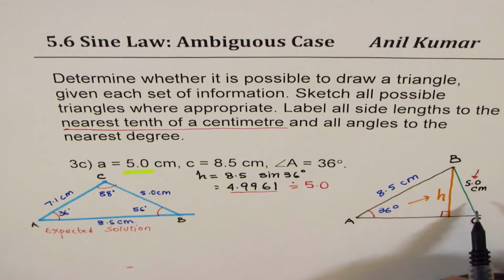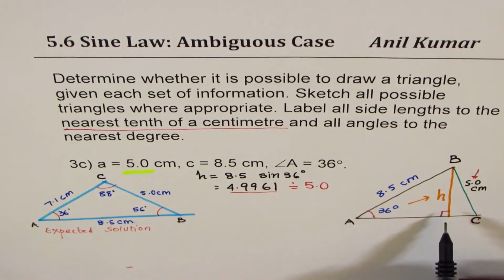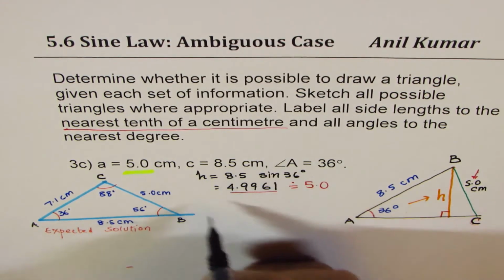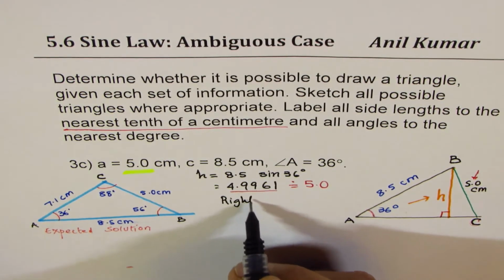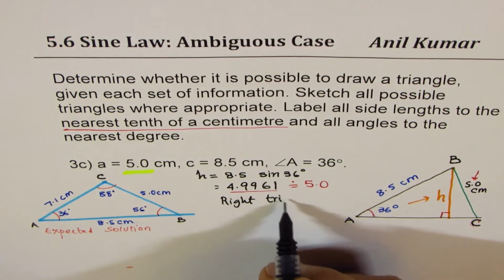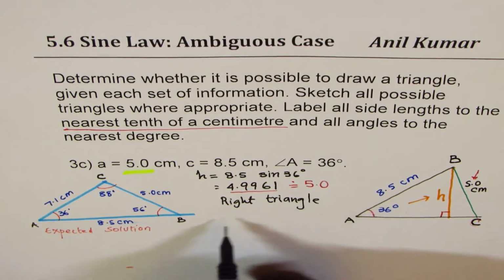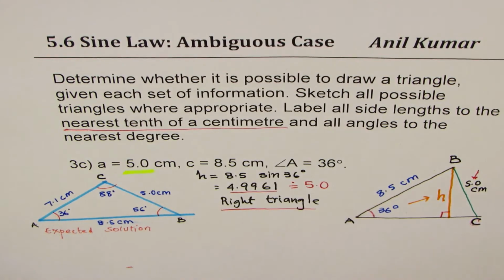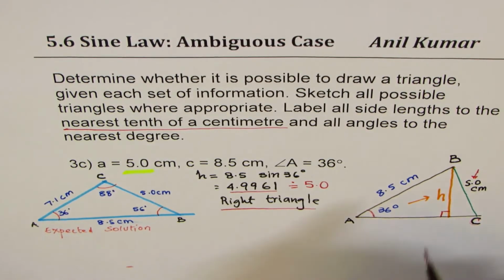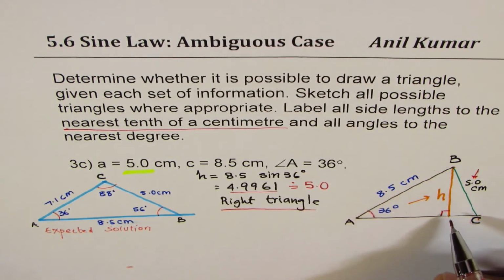Now, since h is equal to a, it means what? It means that we have a right triangle, right? I suppose. So we are looking into the condition where there's only one triangle, and that triangle is a right triangle.